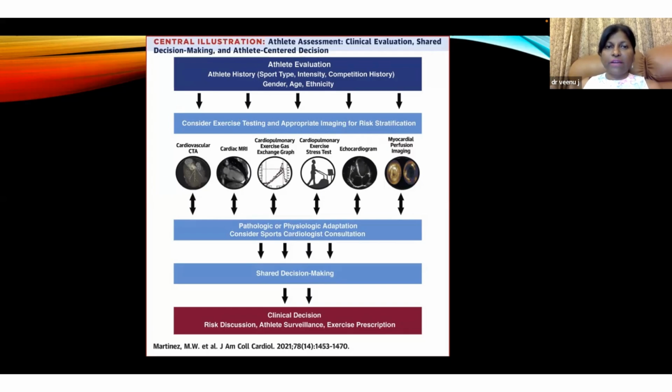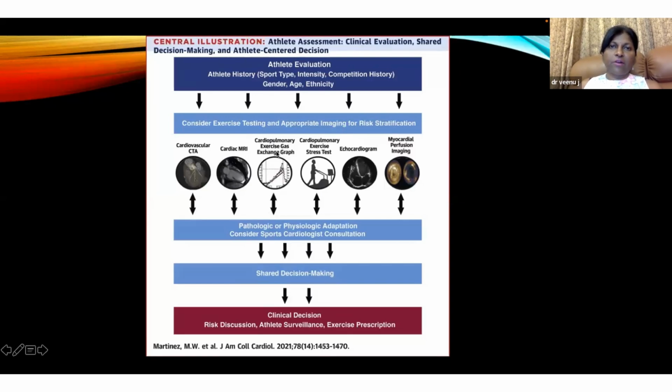So after we have looked at all this, we are going to put them through certain types of tests. So first is an ECG, then we'll have an echocardiogram. So once we know there is some problem or no problem, based on that, we will choose the next set of tests.